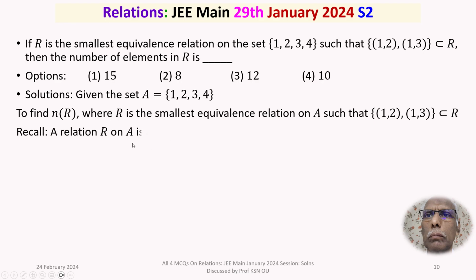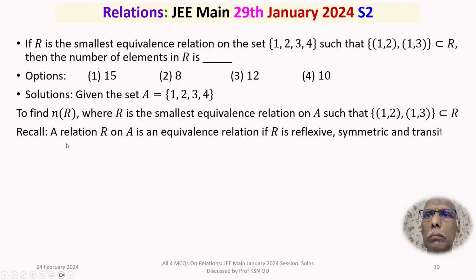So we recall the definition of an equivalence relation. A relation R on A is an equivalence relation if it satisfies all the 3 properties, that is R is reflexive, symmetric and transitive.